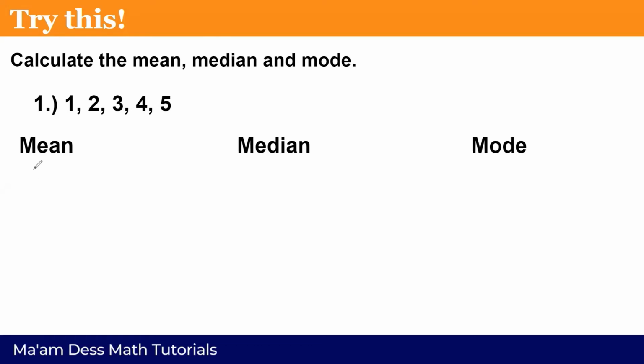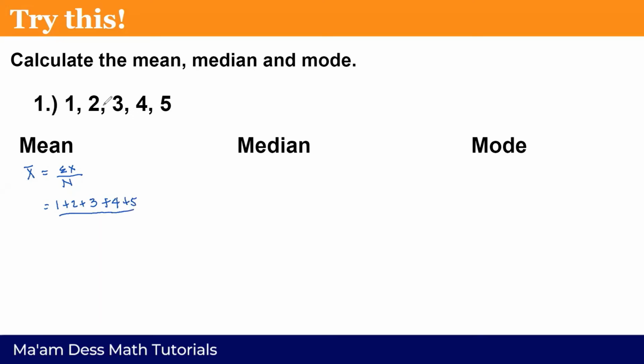Okay, so let us have first the formula. We have x bar is equal to summation of x all over n. Meaning we are going to add 1 plus 2 plus 3 plus 4 and then plus 5 and divide it by n.